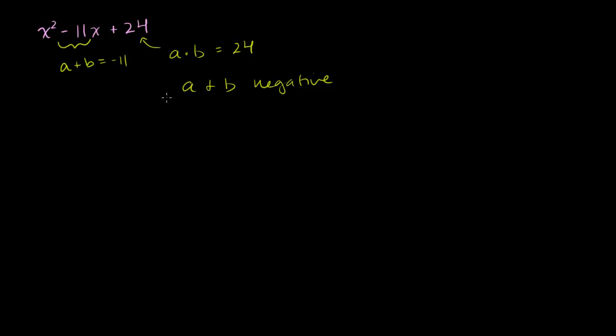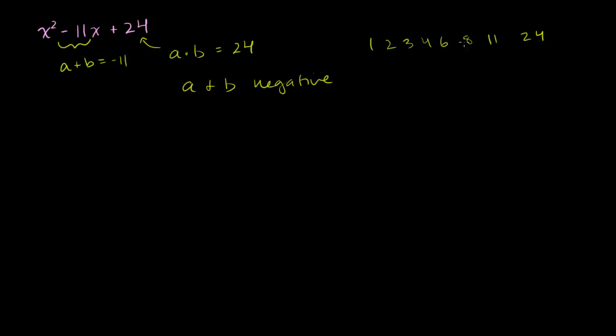So let's just think about what A and B can be. Two negative numbers. So let's think about the factors of 24. We'll kind of have to think of the negative factors, but let me see. It could be 1 times 24, 2 times 12, 3 times 8, or 4 times 6.